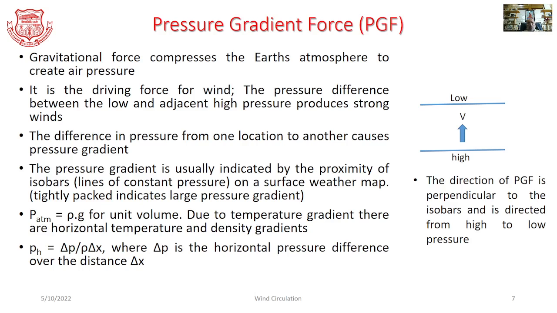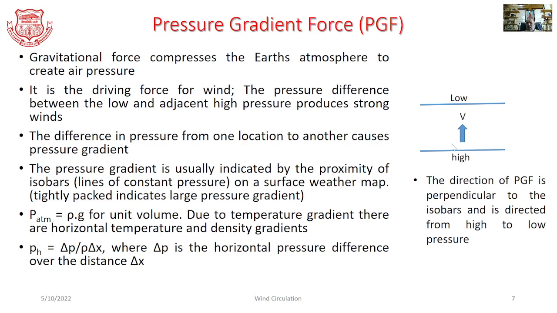Because of non-uniform heating, there will be formation of the density gradients, and hence this pressure gradient force can be worked out as delta P divided by rho delta x, where this delta P is the horizontal pressure difference over the distance delta x.